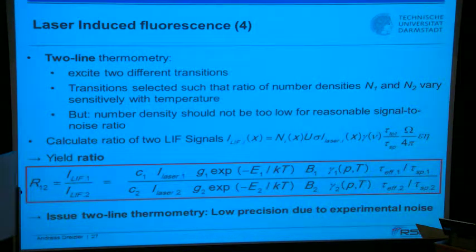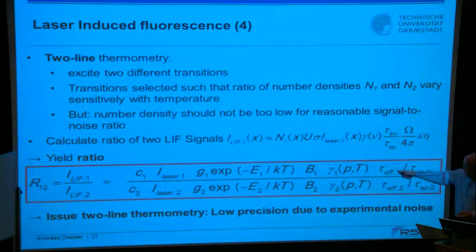And then you take the ratio, and that is done over here, which is an expression where you have calibration constants. You have to know the local laser intensity. You have to know about the characteristics in terms of degeneracy factor, the energies of your levels that are probed, the absorption cross sections, the overlap of the laser. You have to know the spontaneous lifetime.